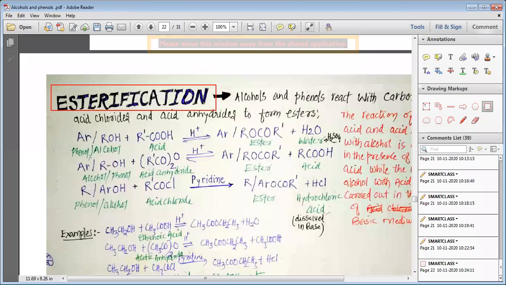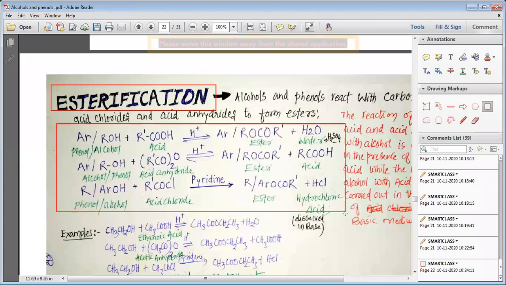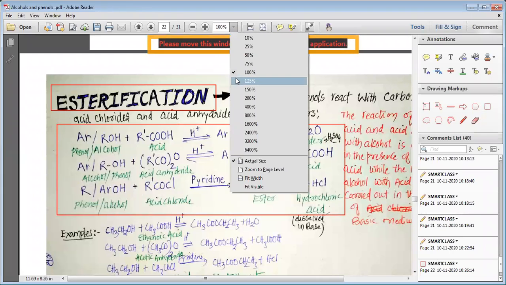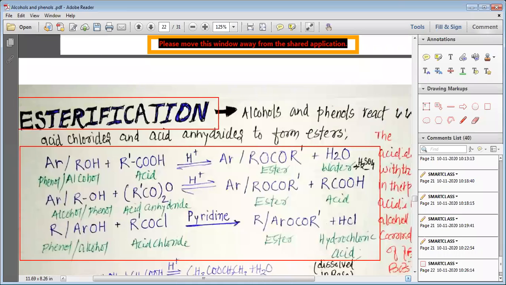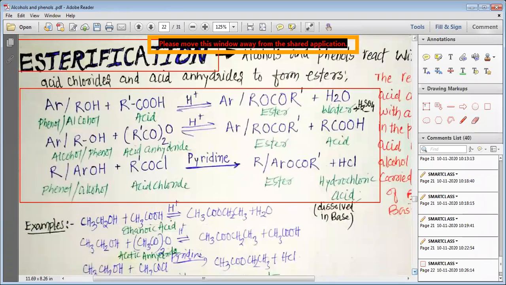So let's look at the various chemical equations explaining the esterification reaction. Please pay attention to the red box that we are going to study.